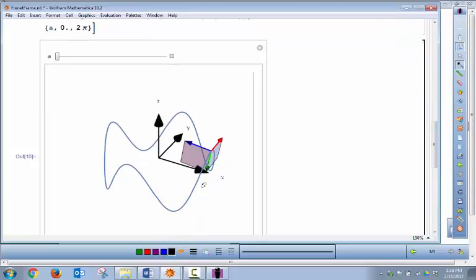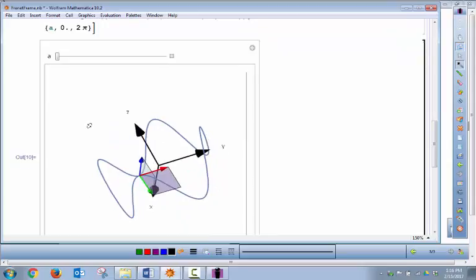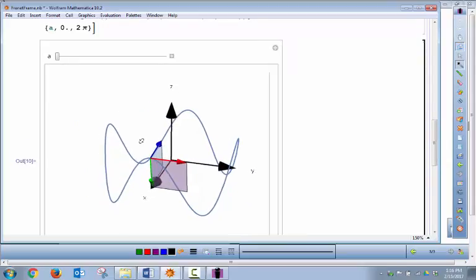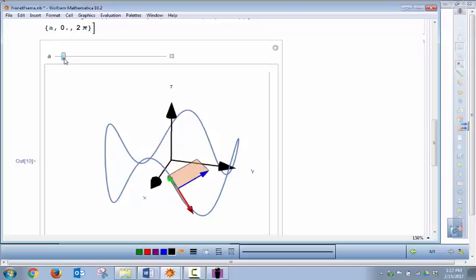The second plane would be like the back of your seat on the roller coaster. It would be perpendicular to the tangent vector, so the tangent vector will be like the normal vector for this plane.